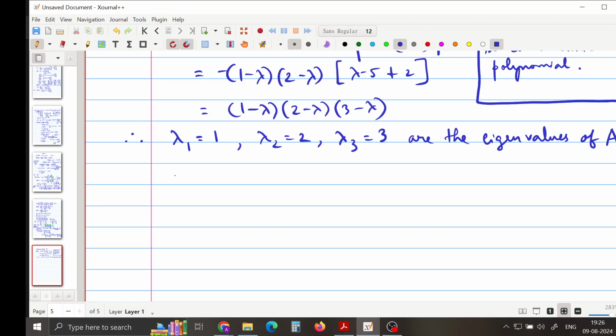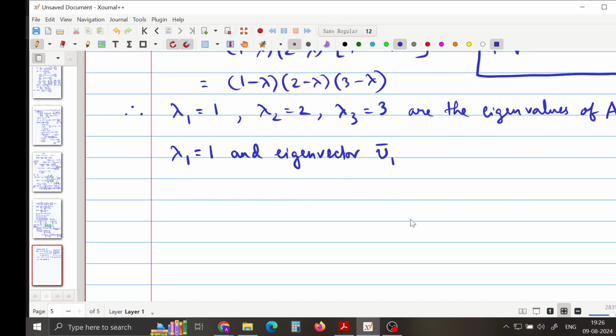Let's first start with the first eigenvalue, lambda 1 equals 1, and its corresponding eigenvector, let me denote it by v1. It's a vector, right? Do you know how to find an eigenvector? I don't think you know, because I think you told me you're not familiar with eigenvalues.